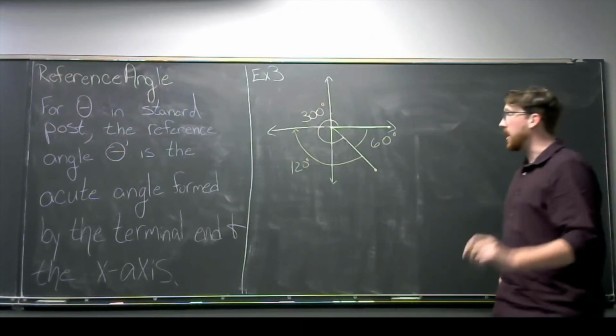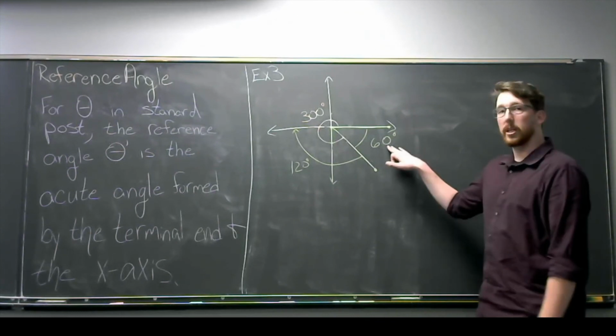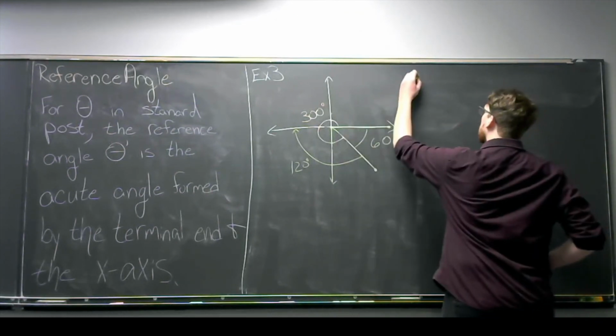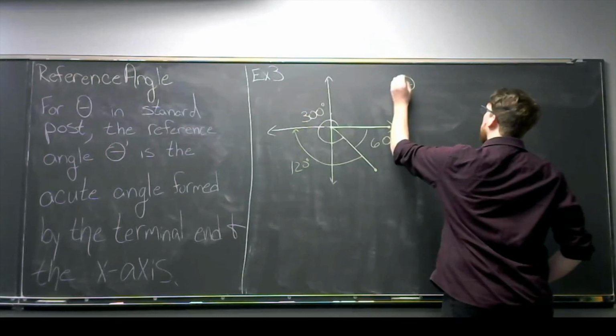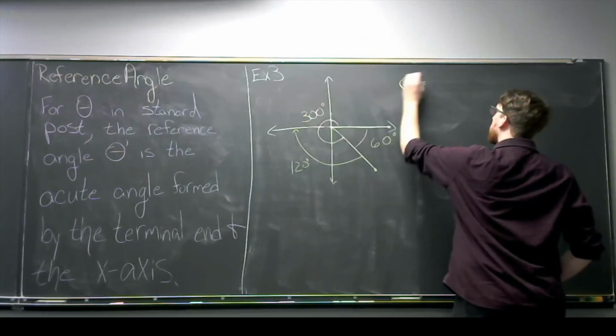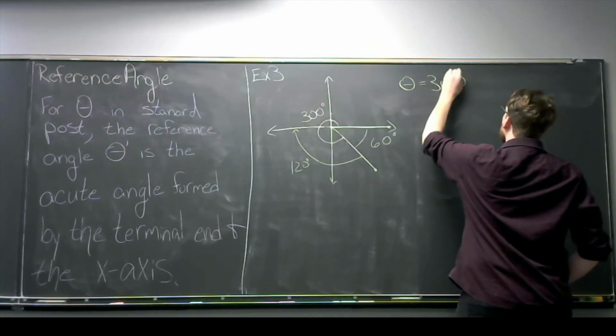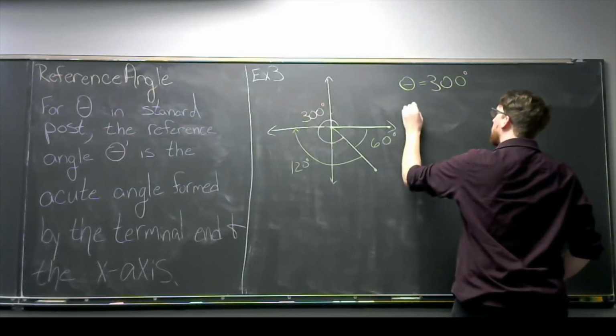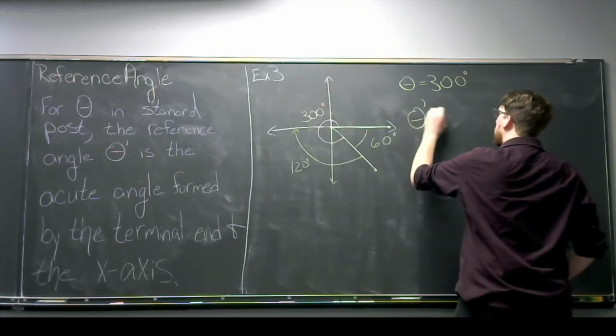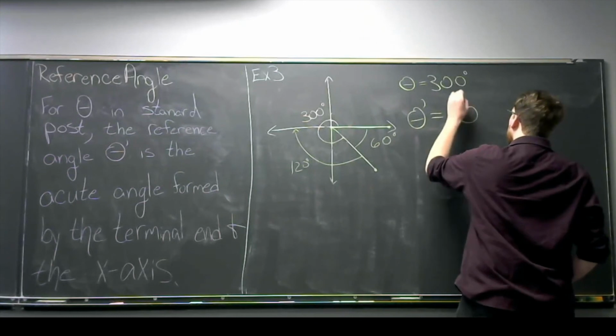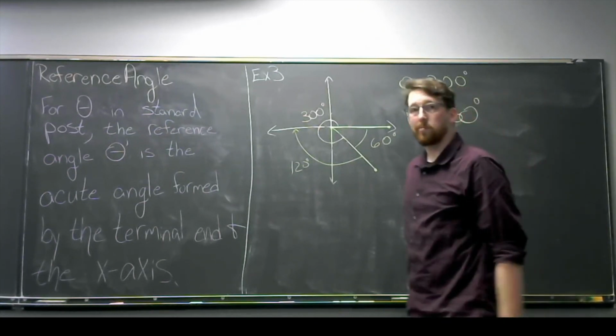So the reference angle here would be 60 degrees. Our angle is equal to 300 degrees, and our reference angle is equal to 60 degrees. That's really all there is to it.